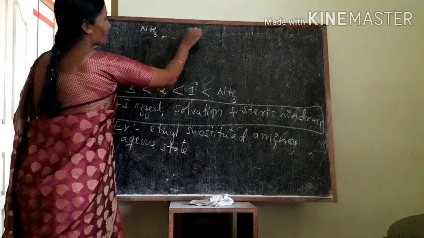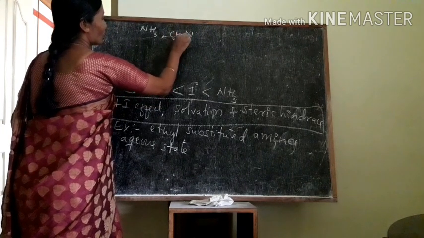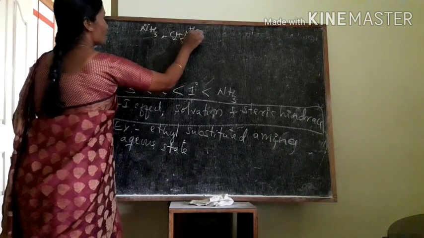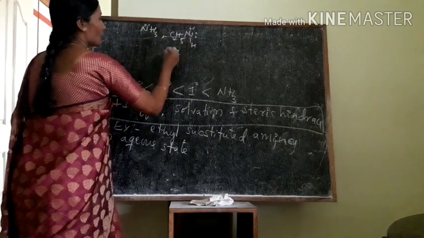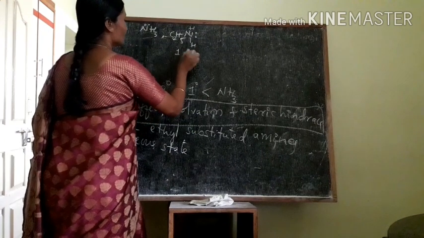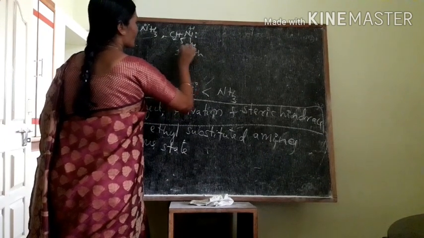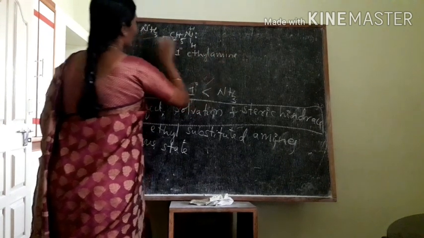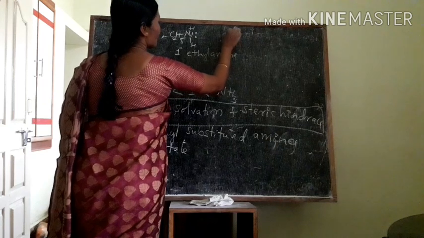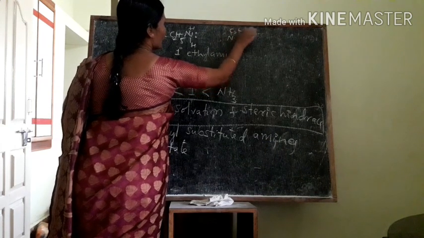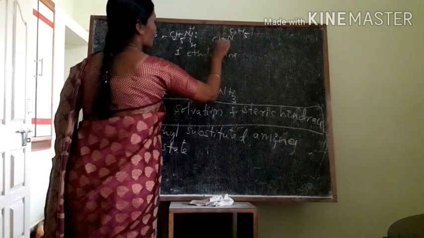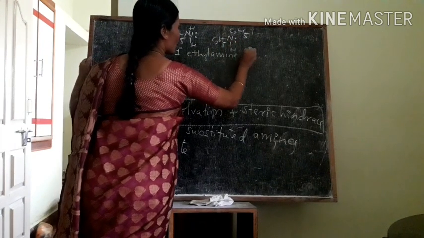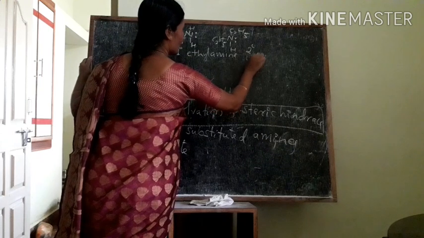Now I will take NC2H5HH. This is primary ethyl amine, ethyl amine. This is ammonia. And next is C2H5 with lone pair of electrons and H, called secondary ethyl amine.